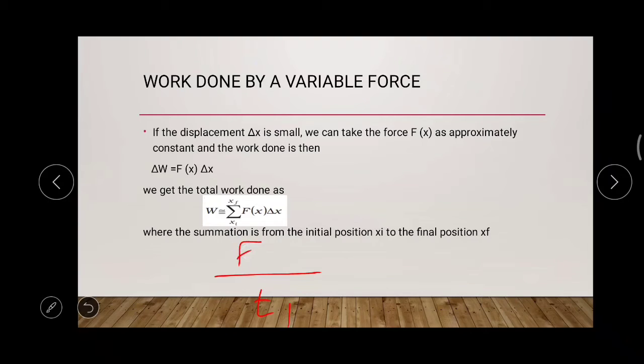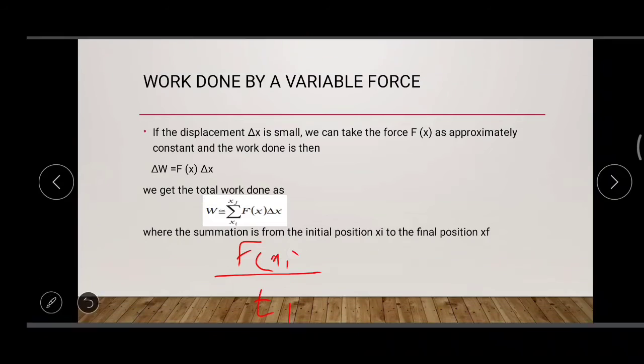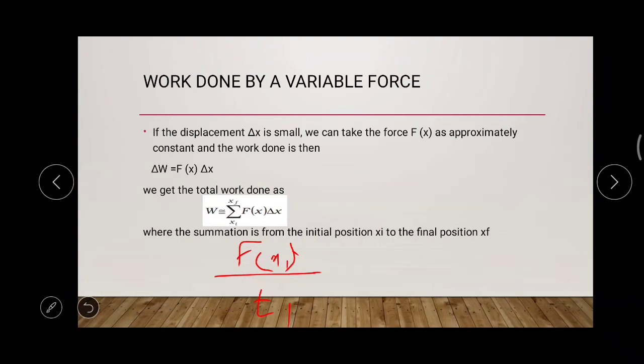F of x1, take that one, and the displacement is considered to be x1. Then, we are not considering the time, after a particular time, for a distance of x2, the force value is F of x2.